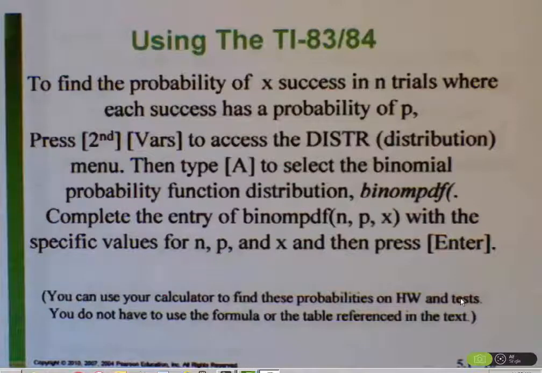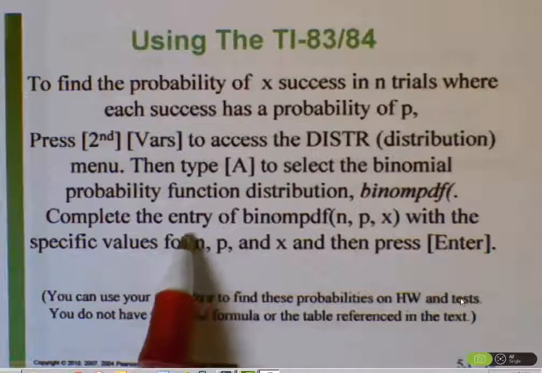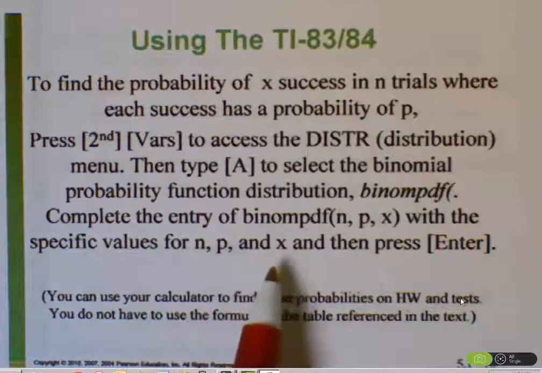Disregard if you use help me solve this or view example in MyLabs Plus, you only need to use it to make sure that you're getting the right values for N, P, and X. You can do that.